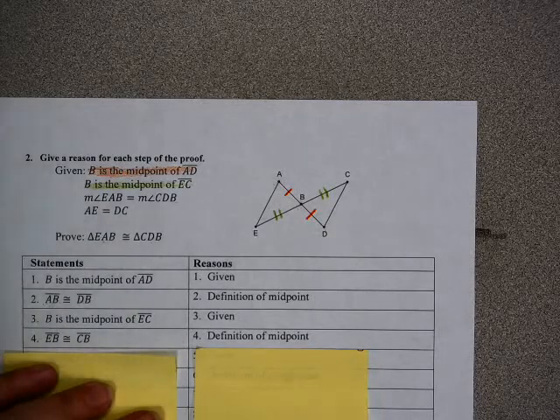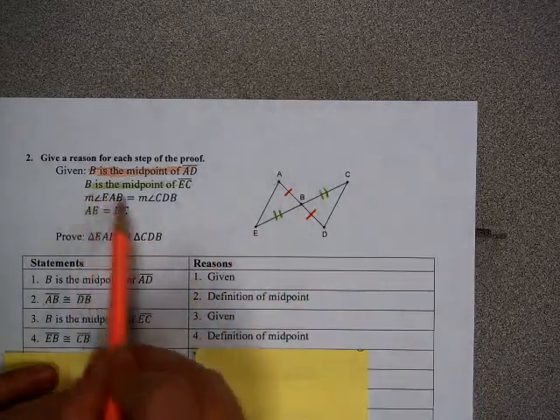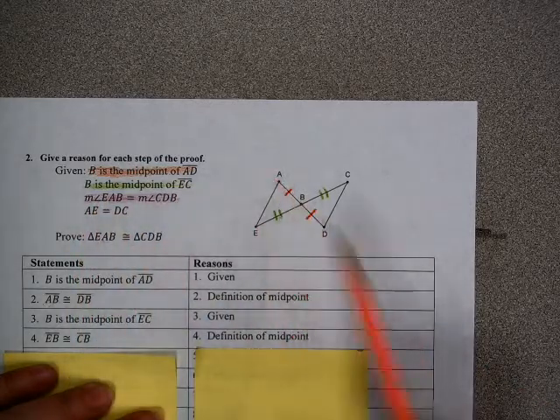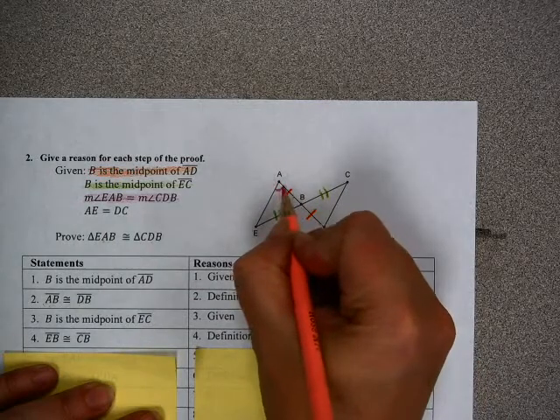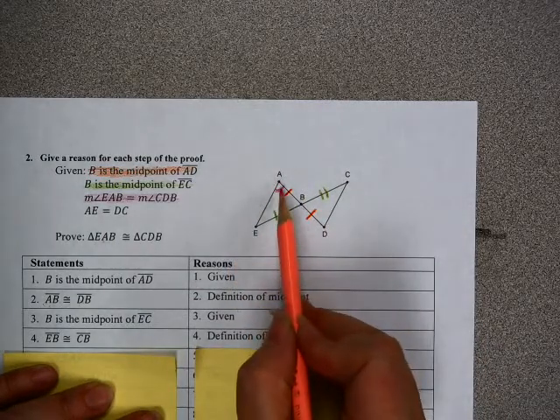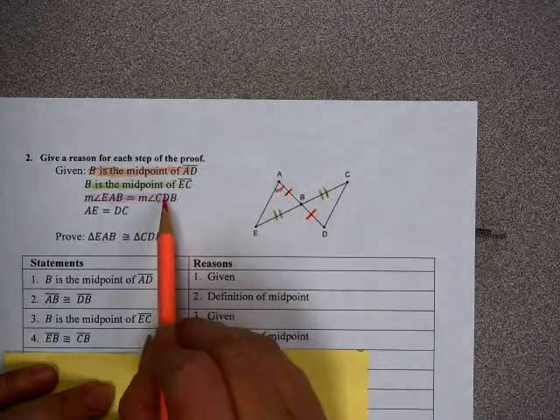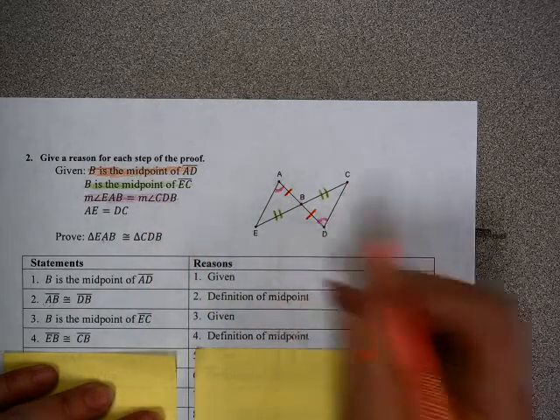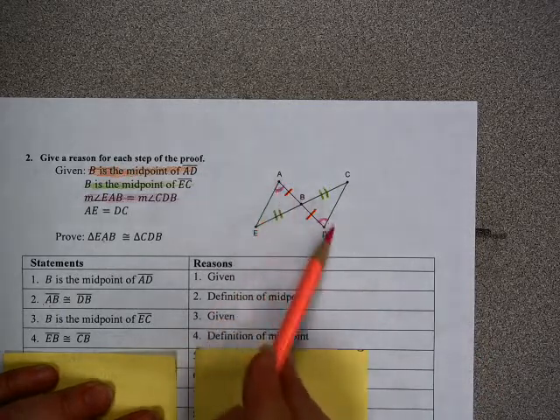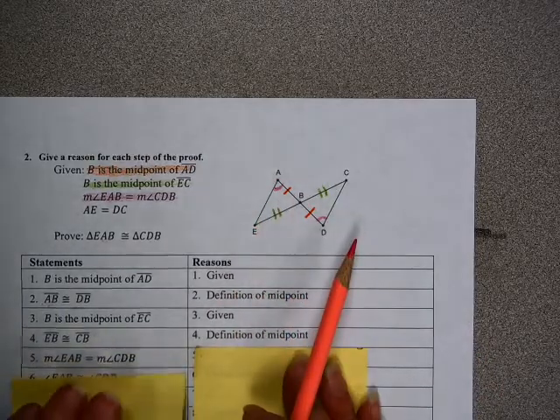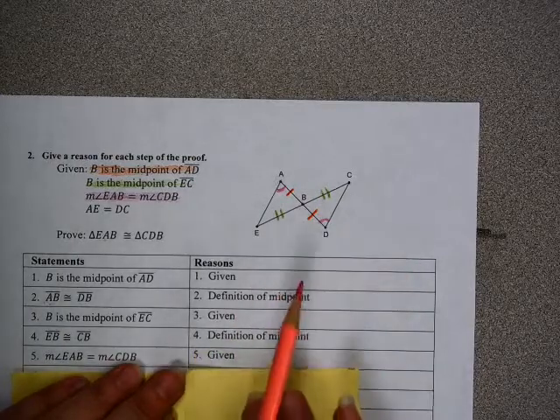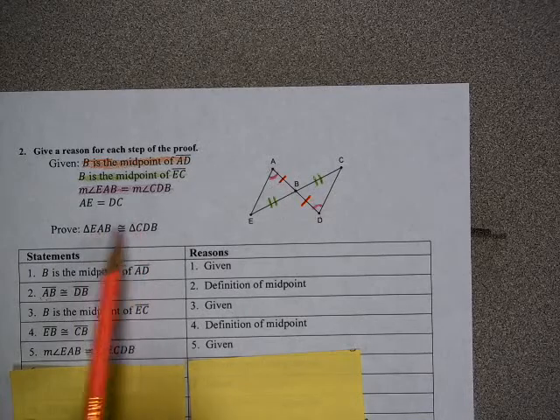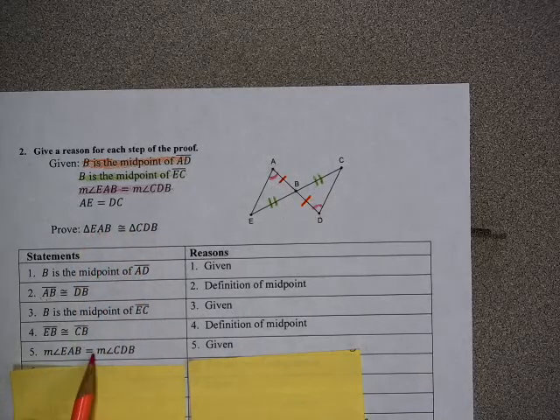All right, then I know that the next given is going to be EAB, so this angle right here, I'm going to use an arc mark to mark this one. CDB is this angle right here. So these two are equal, they have equal measures according to the given. But remember that when I want to prove that two triangles are congruent, I can't have an equal sign.